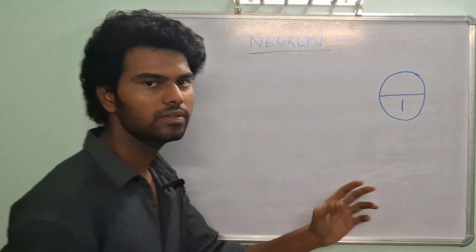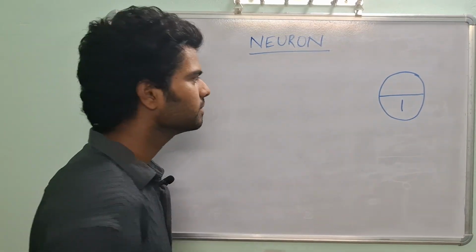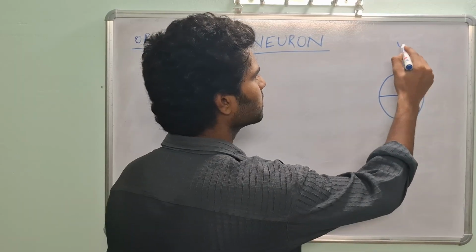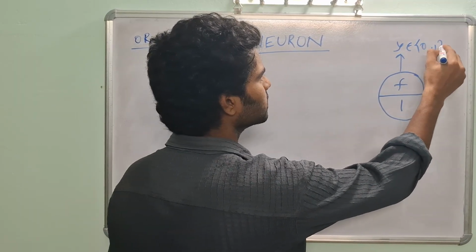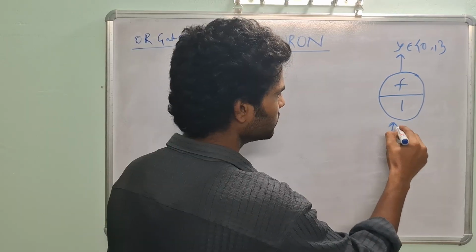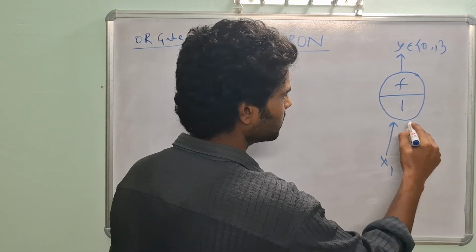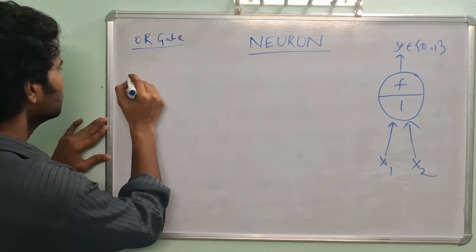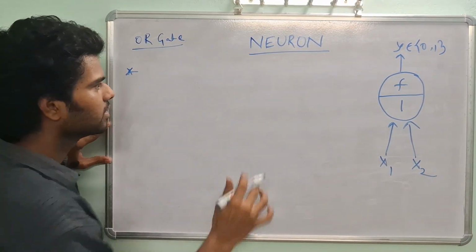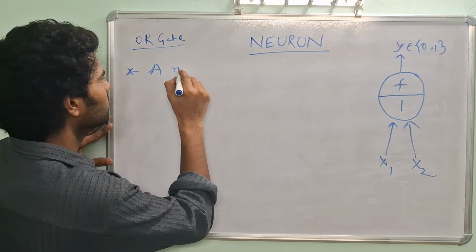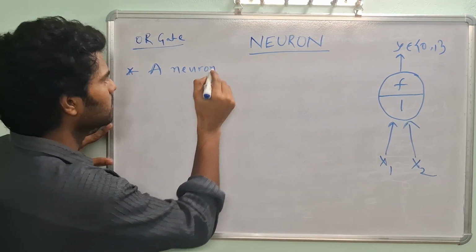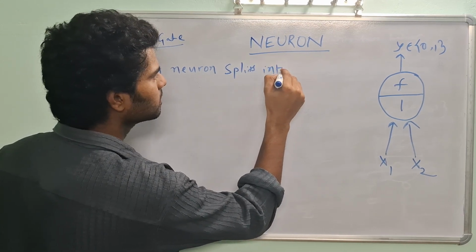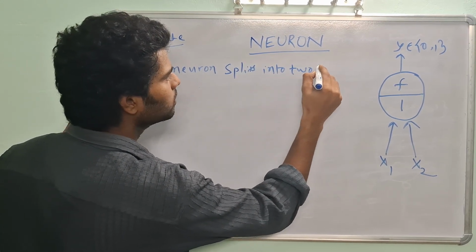For the OR gate, the threshold value is 1 and this is the f function. This is the output. Here I am using only two inputs, x1 and x2. So here first, a neuron splits the plane into two halves.